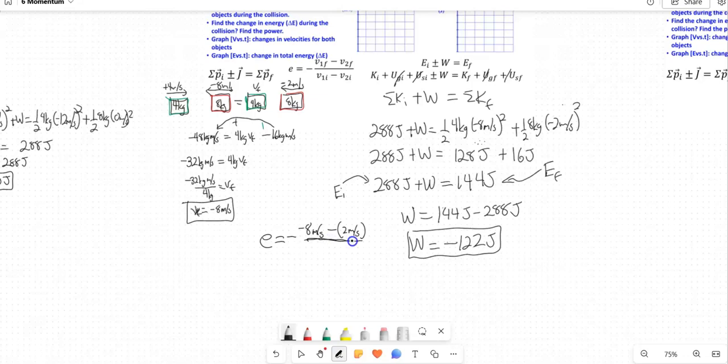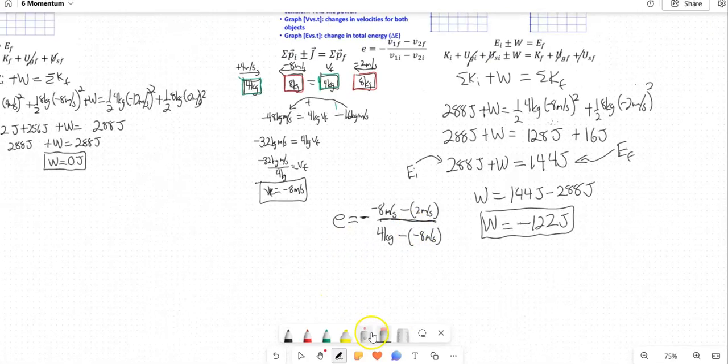On the bottom, we have the initial velocity for the 4 kilogram object, which is 4, minus the initial velocity for the 8 kilogram object, which was negative 8 meters per second.